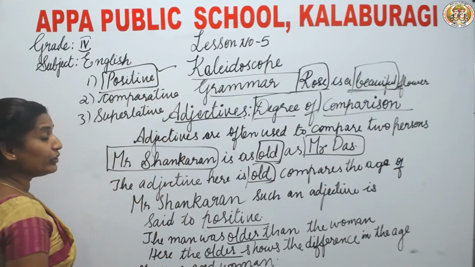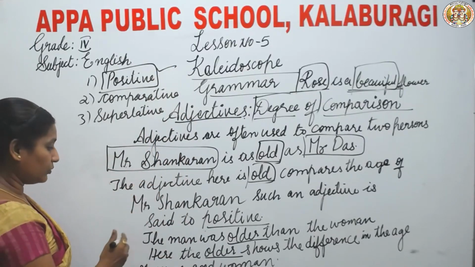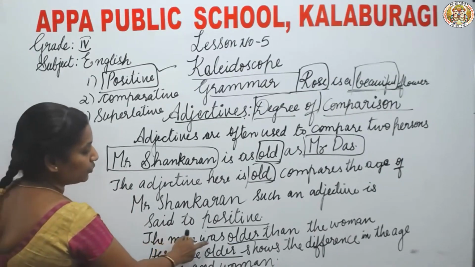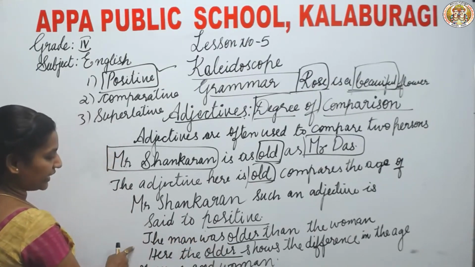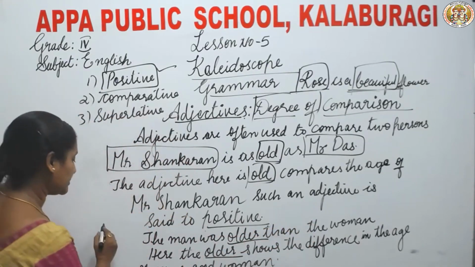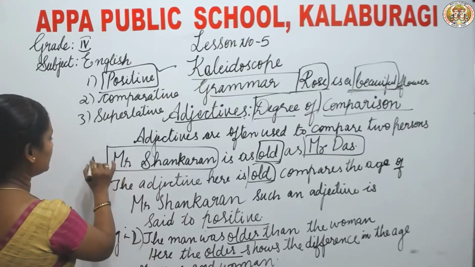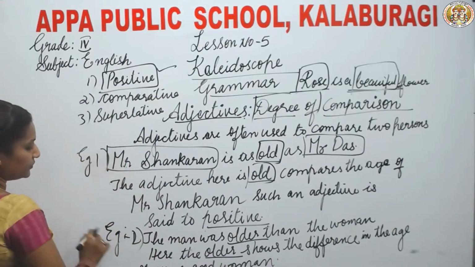Now we can again use older. How? See the second example: the man was older than the woman. This is the first example, and this is the second one.